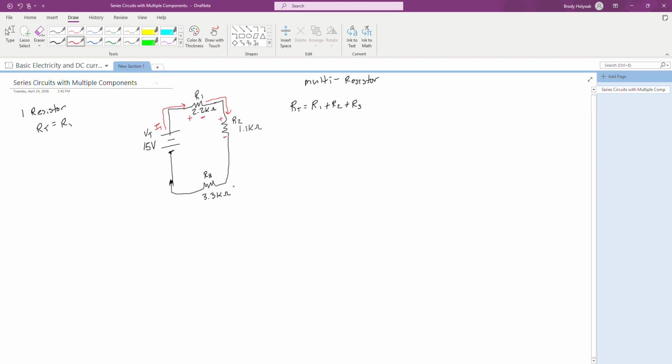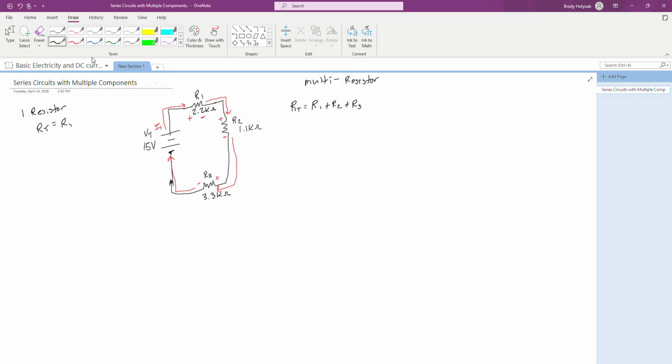That current's going to flow back around, come into R3. We're going to have a positive and negative, and then it's going to come up and go back to my source. So resistance total, following our current paths, is R1 plus R2 plus R3, meaning that this plus can also be said as a series designator or a series symbol.